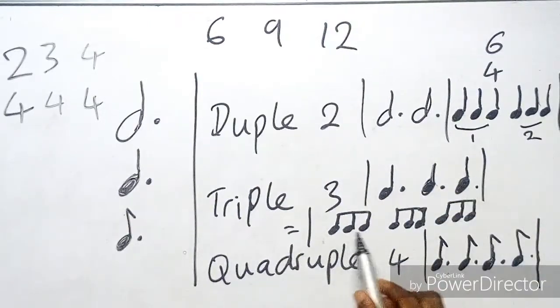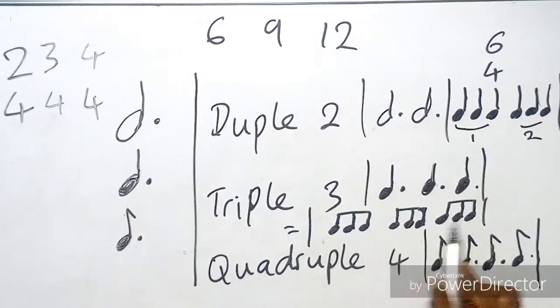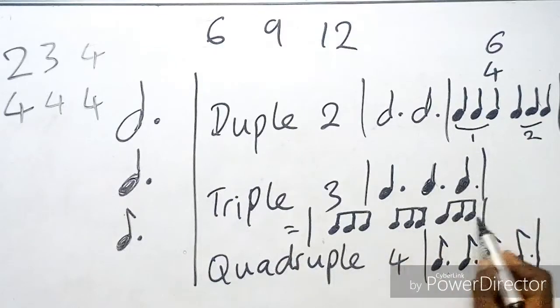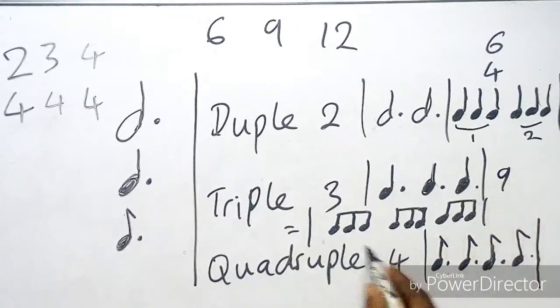Each of these 3 groups of quavers is equal to 1 dotted crotchet. So that gives us 9 quavers in a bar, and that can be written as 9/8.